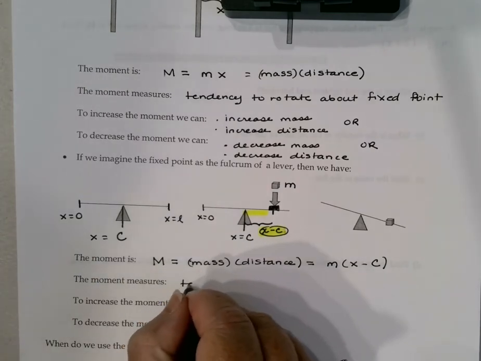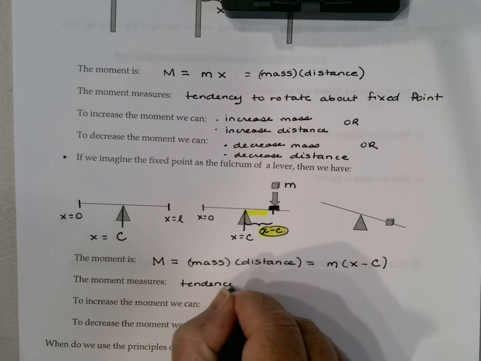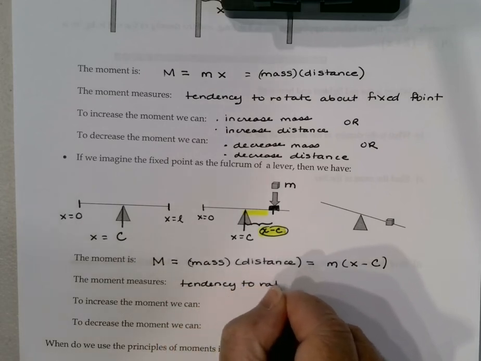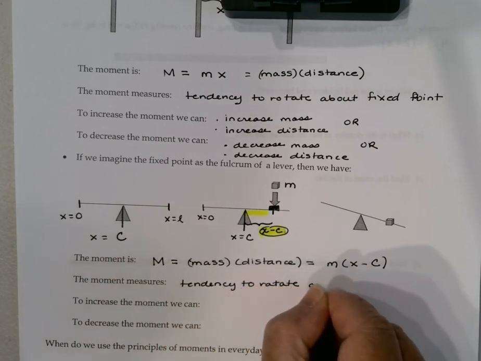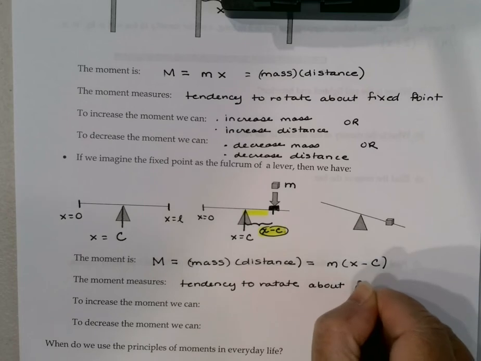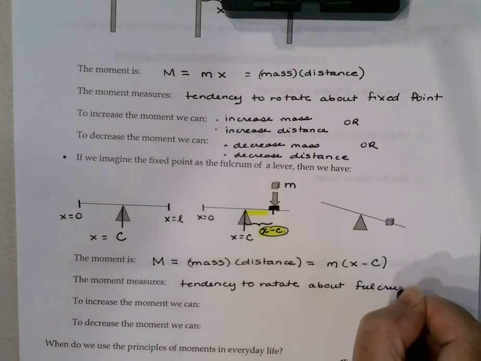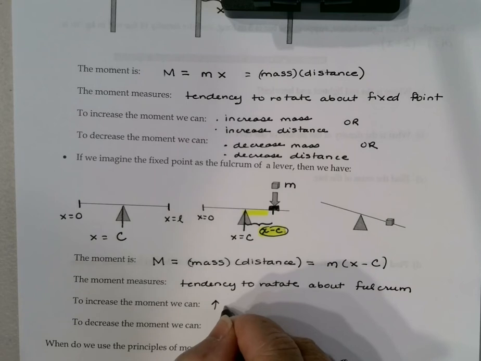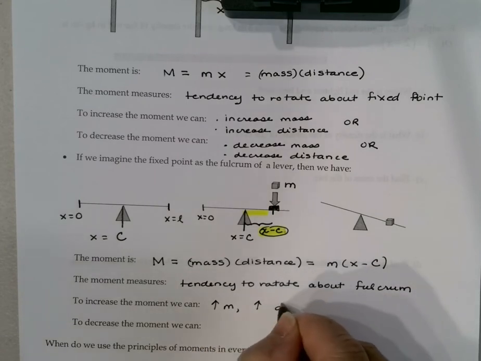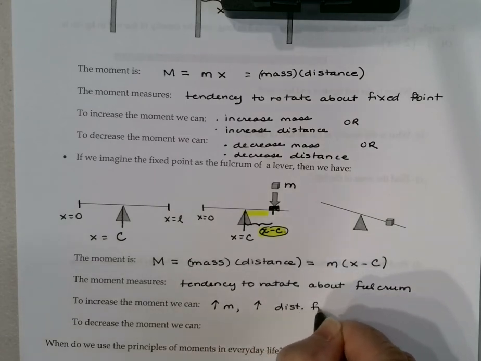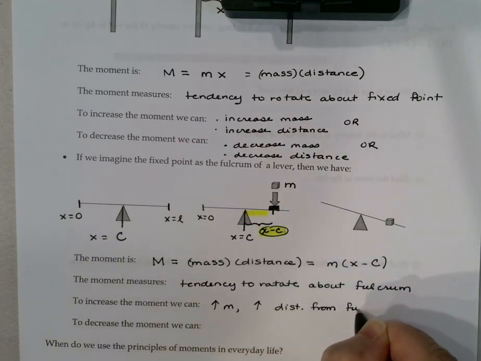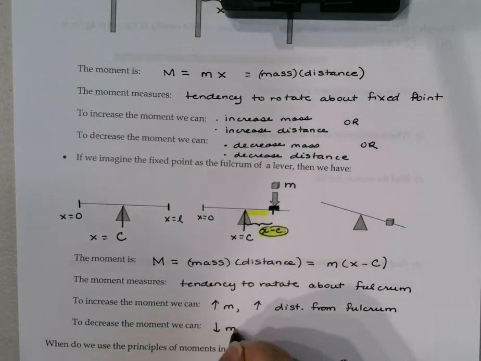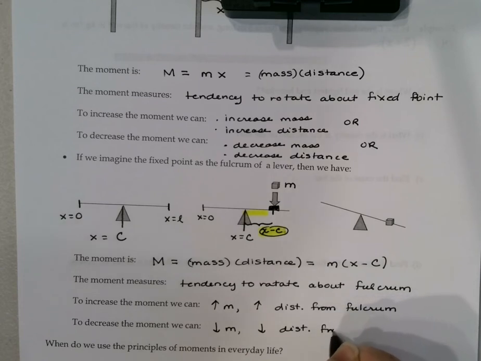Moment still measures tendency to rotate, in this case, about the fulcrum. And to increase the moment, we can either increase the mass or increase the distance from the fulcrum. To decrease moment, we can either decrease the mass or decrease the distance from the fulcrum.